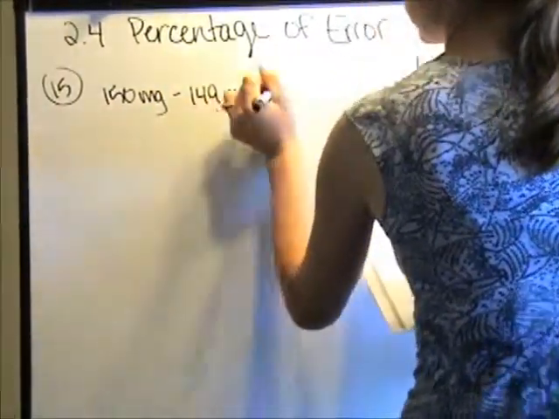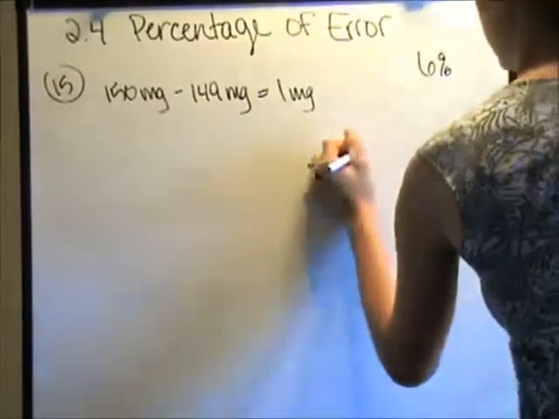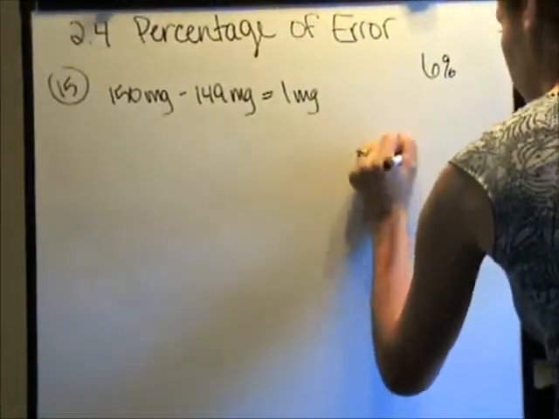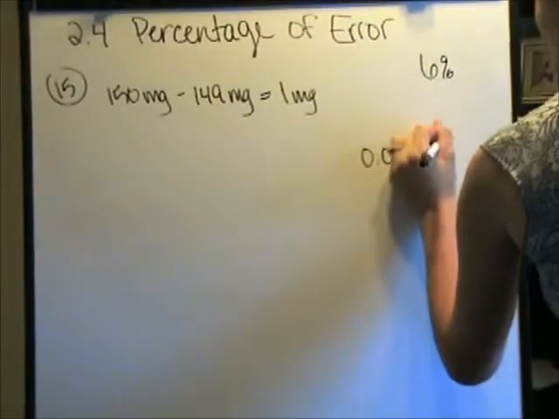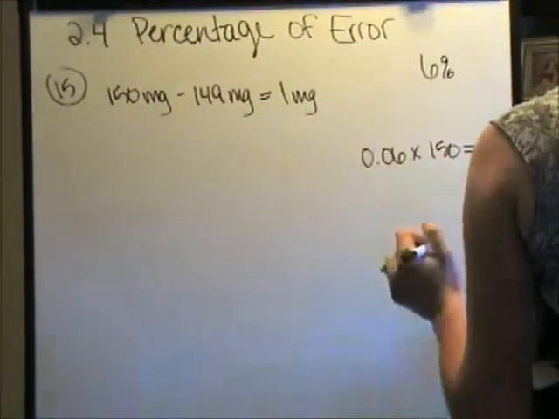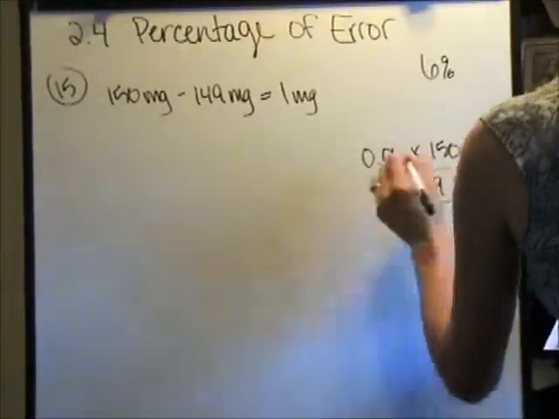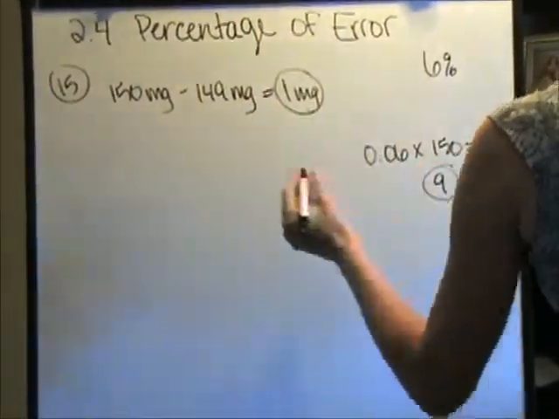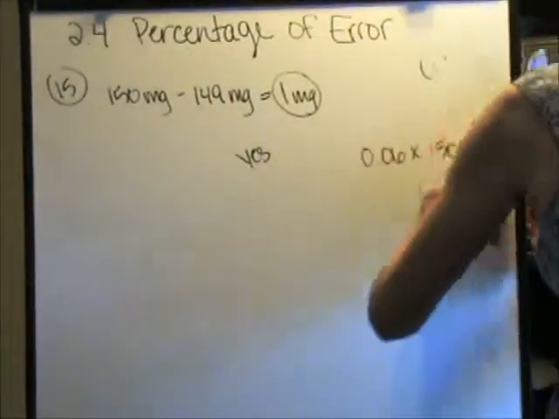So if we subtract those two, we know that that's a difference of 1 milligram. So now we need to find out where our 6% margin of error lies. So we're going to take 0.06 times 150, and that is 9. We know that 1 is less than 9, so yes, we are within our 6% margin of error.